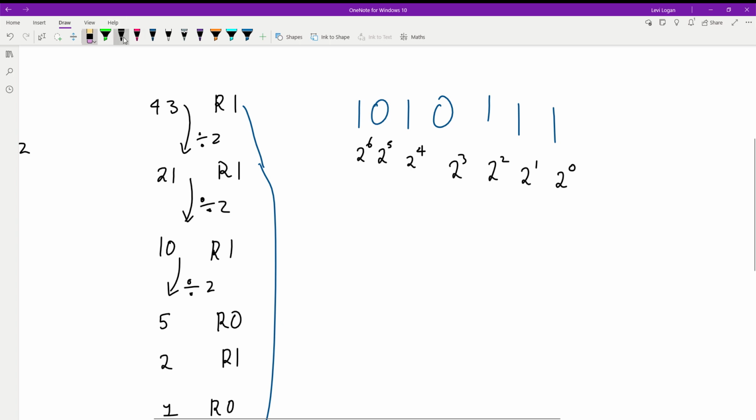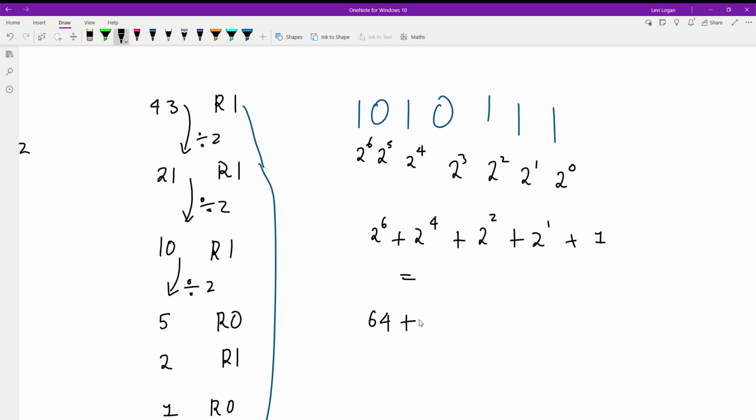That means 2 to the power of 6 plus 2 to the power of 4 plus 2 to the power of 2 plus 2 to the power of 1 plus 2 to the power of 0, which is 1. 2 to the power of 6 is 64, so you have 64 plus 16 plus 4 plus 2 plus 1, and if you put that in your calculator it gives you 87.